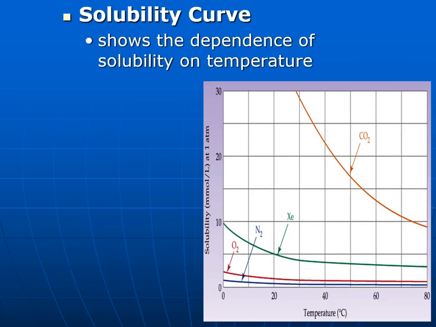This is an example of a solubility curve. A solubility curve has two axes, and it's a graph. On the x-axis, we're looking at temperature, and on the y-axis, we're looking at the ability to dissolve. In this form, it's in millimoles per liter at 1 atmosphere of pressure.